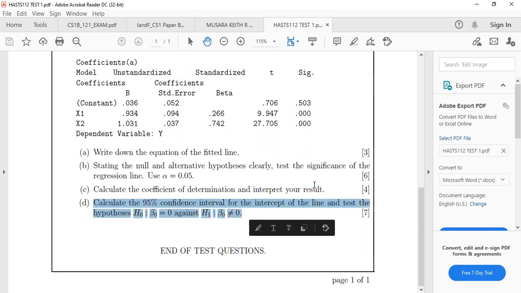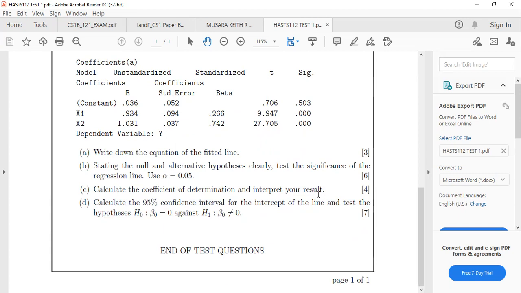Is it clear? Hello? Is it clear, the interpretation that I gave? Yes. Yes. What is another interpretation?